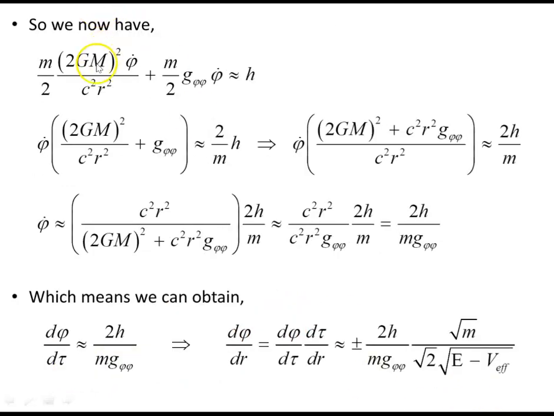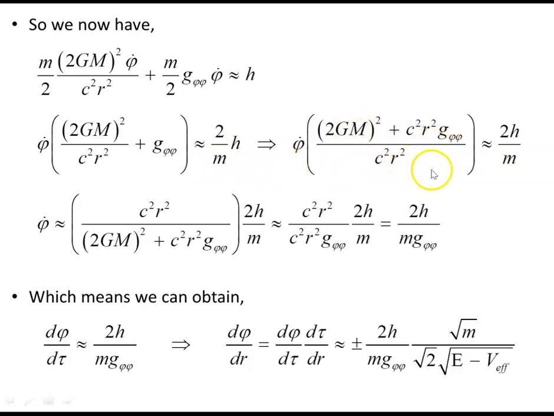So now we have that second term and the third term, and we know that's equal to h, or approximately h because of the approximations we've made. Let's factor out phi dot here, and multiply through by 2 on m, so we get phi dot times this object is approximately 2 on m times h. Then let's go for a common denominator as well.